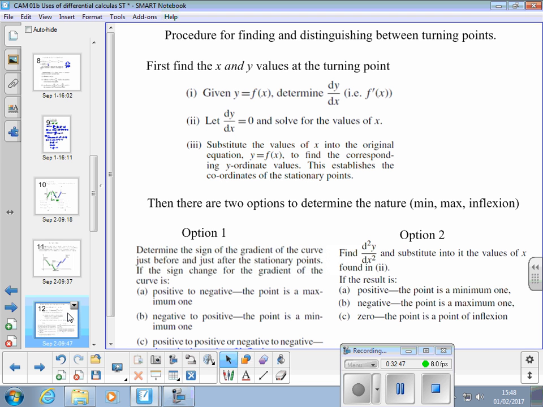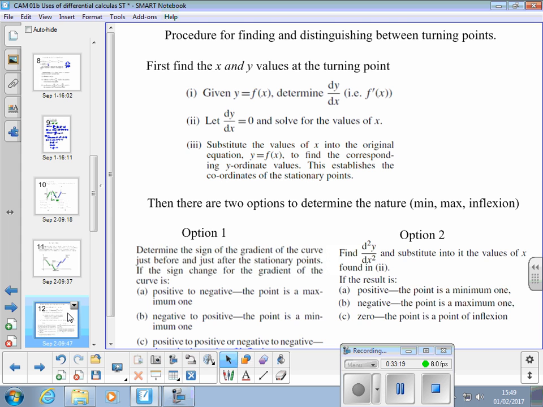You may need to sketch the graph and try to find how many minimum and maximum points there are around your point of interest. Substitute the values of x in the original equation to get the corresponding y coordinate values. So you want the values of both y and x at that point.